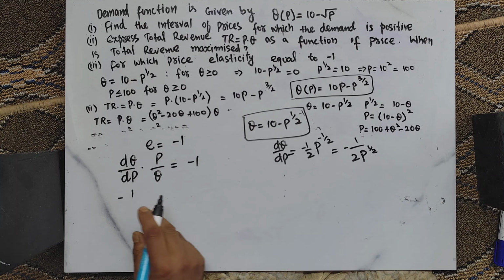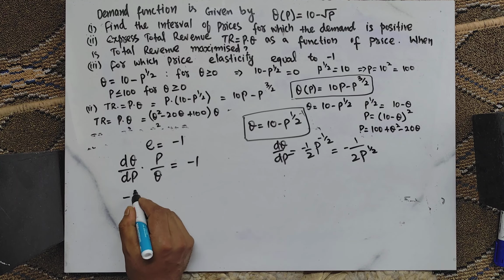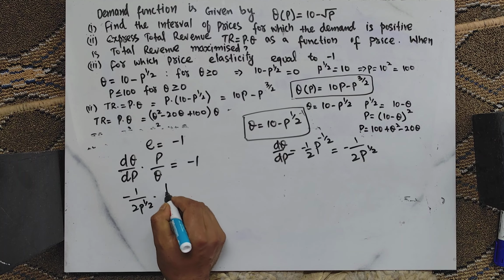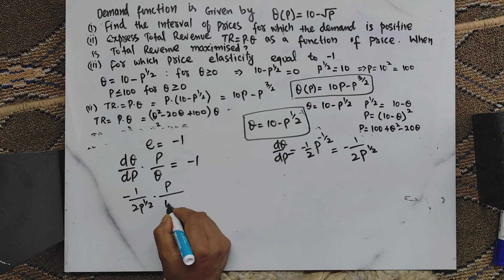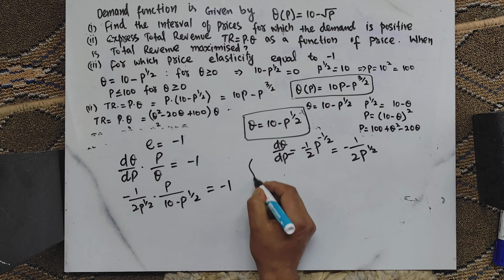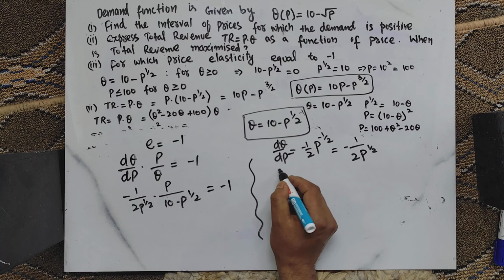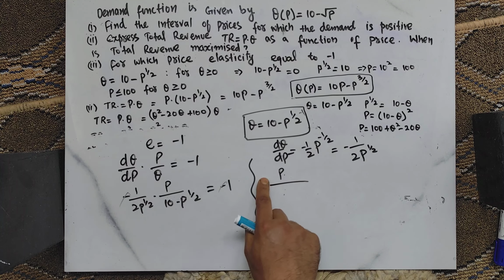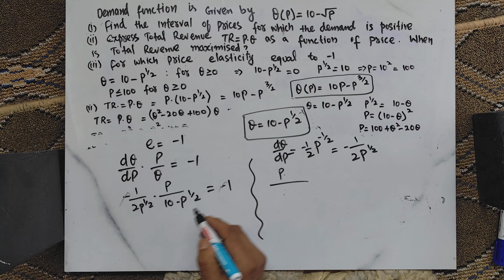So we have minus 1 upon twice p raised to the power 1 upon 2, times p divided by q, which is 10 minus p raised to the power 1 upon 2, and it should be equal to negative 1.